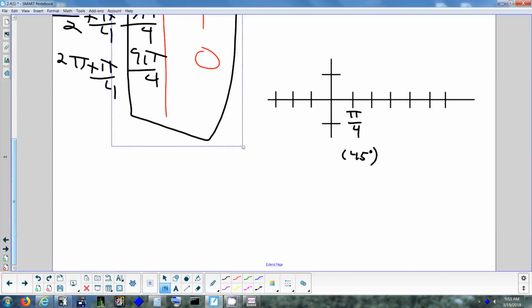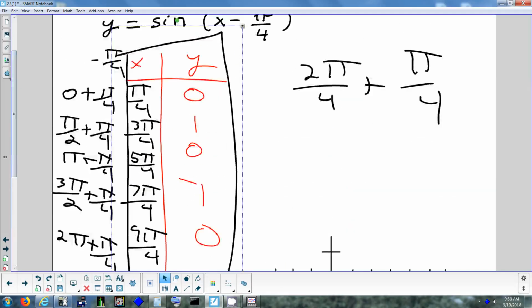So what you've just done is you made this gap worth 45 degrees. That's fine. That means every gap has to be 45 degrees. Well, this is 45. The next number is 135. How far away is 135 from 45?